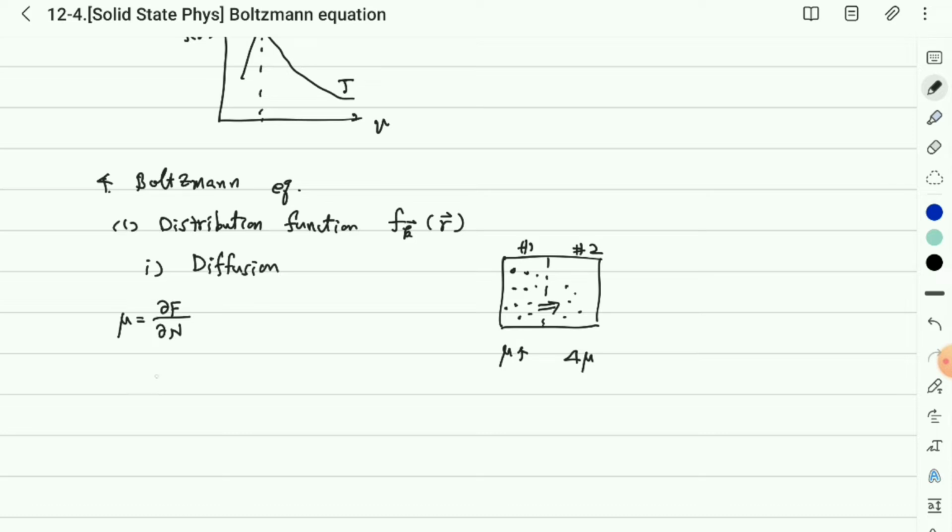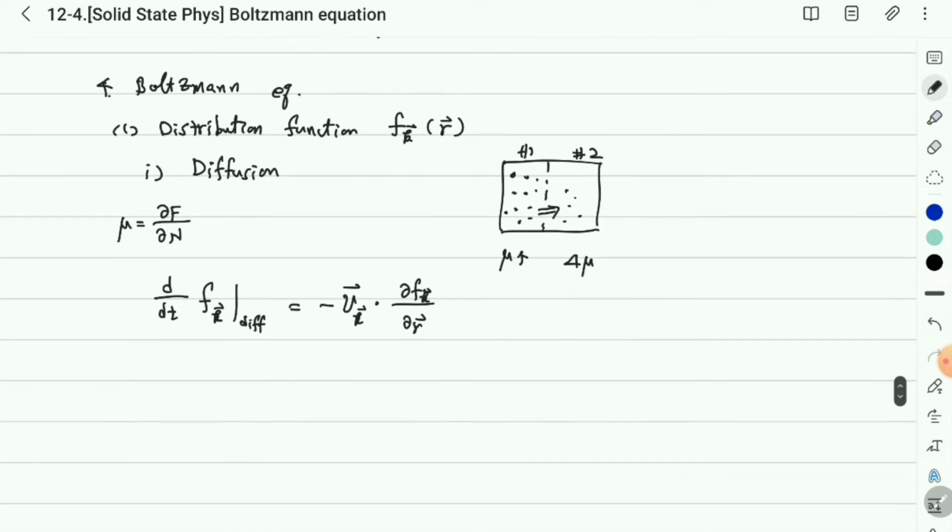Therefore, we define the time derivative of the distribution function for the diffusion case. Diffusion depends on r, and it can be written as minus v_k dot partial f_k over partial r. This is the diffusion term.